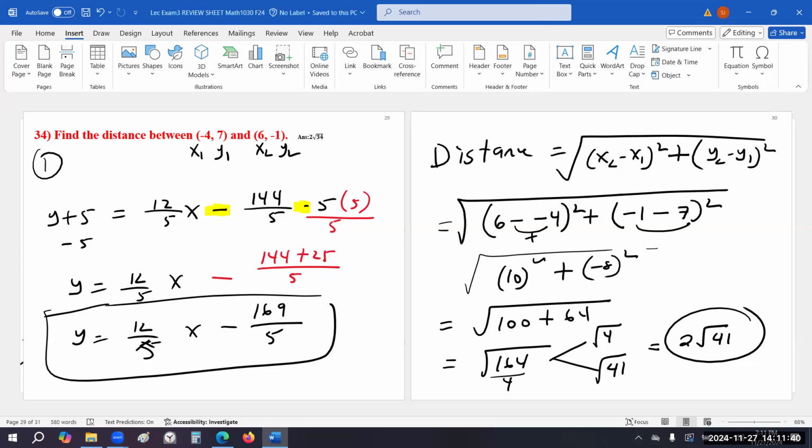You can buy a calculator from Staples, and after the exam, you can return it. Anything you feel comfortable with, you can buy a scientific one or a graphing one.